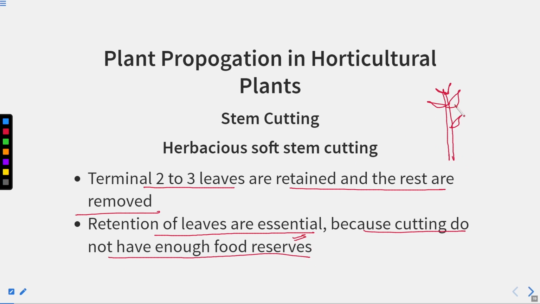When it is put in water or soil and the roots are emerging, these 3-4 leaves are there to do the process of photosynthesis, and it can synthesize food and make it available for growing the plant.